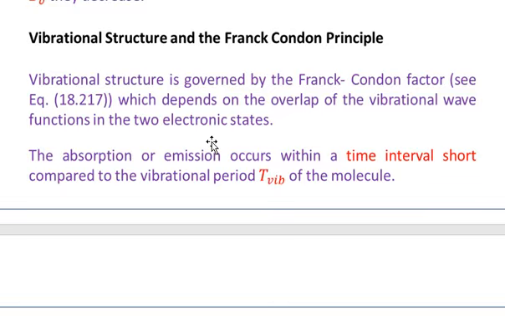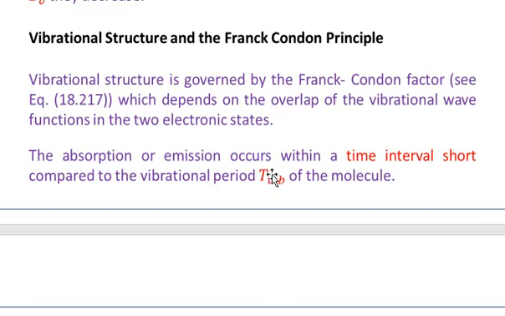One vibrational function corresponds to the upper electronic state, whereas the second corresponds to the lower electronic state. So the Franck-Condon principle actually depends on the overlap of vibrational wave functions in two electronic states. For that, you can consult equation number 217.